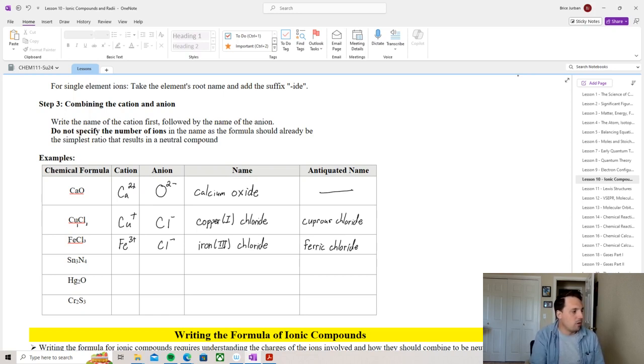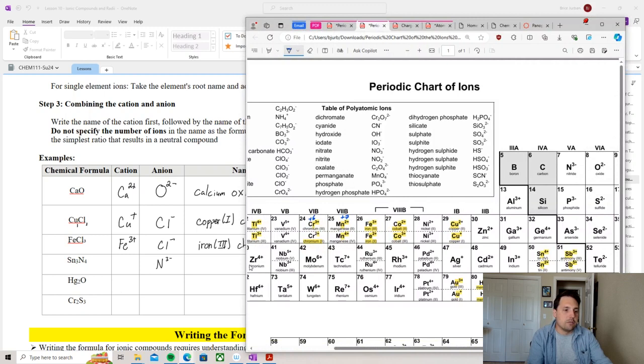Okay, example 4, I have the element tin and the element nitrogen. Well, nitrogen is going to have a 3- charge, and tin is variable charge. It can be either +2 or +4.